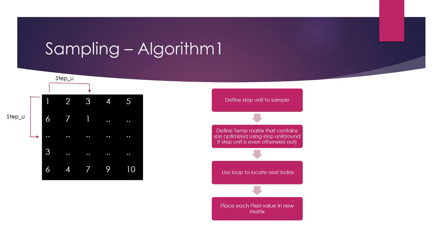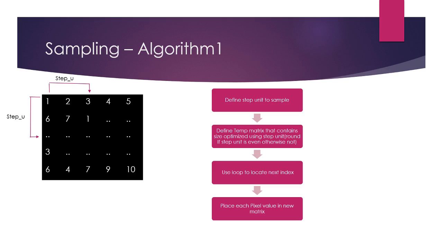So here is one algorithm where I am taking a matrix and defining two steps either in row or column. Based on the user provided number of steps, I could pick the pixels at that location.